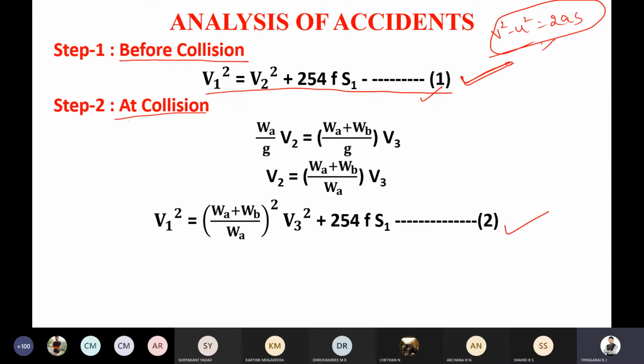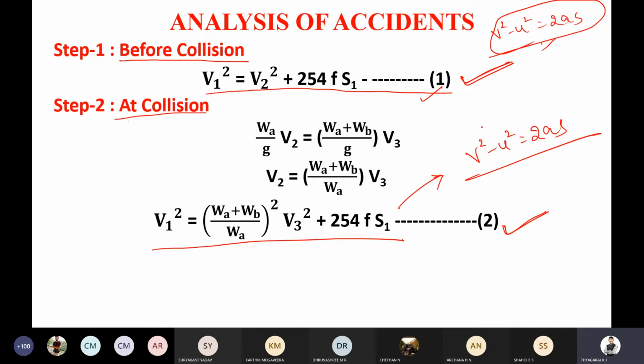Mark this as equation 1 and this as equation 2. Here also the same concept, v square minus u square is equal to 2as, is adopted. Substituting V2, we write V2 in terms of the weights of the vehicles, that is WA plus WB divided by WA into V3.